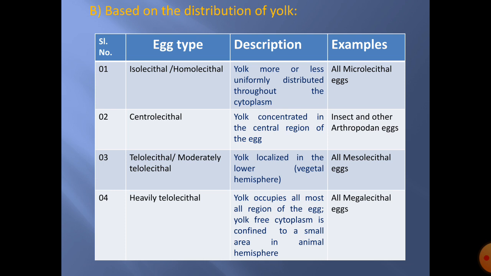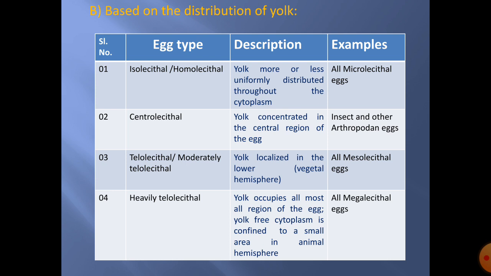Then the second type is centrolecithal, where yolk, whatever is present, is concentrated in the central region of the egg. Insect and other arthropod eggs belong to this category, especially the eggs of silkworm, Bombyx mori. The third type is telolecithal or moderately telolecithal eggs.